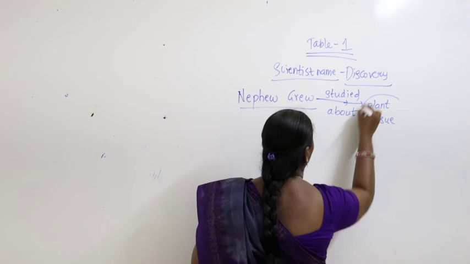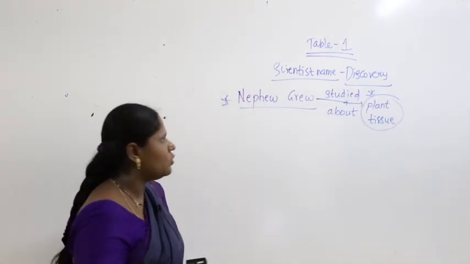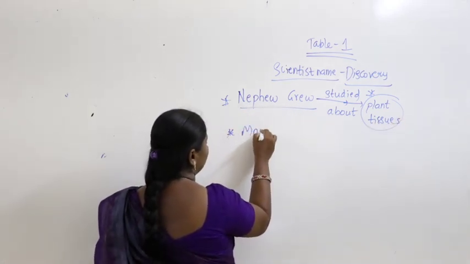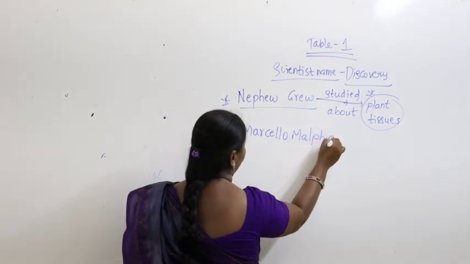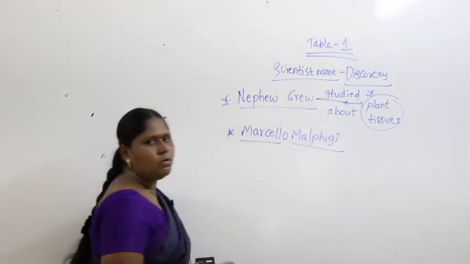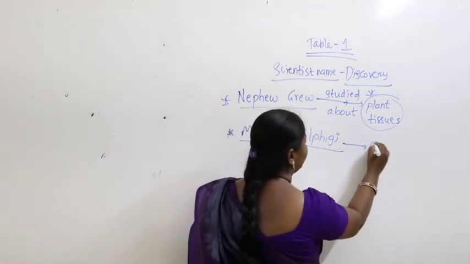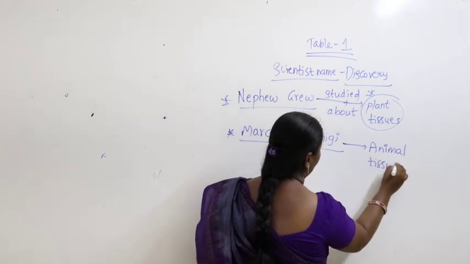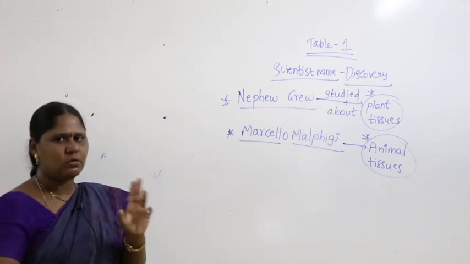Who is the scientist who studied plant tissues? Nehemiah Grew. Similarly, another scientist, Marcello Malpighi, studied animal tissues. I have given two scientists' names.